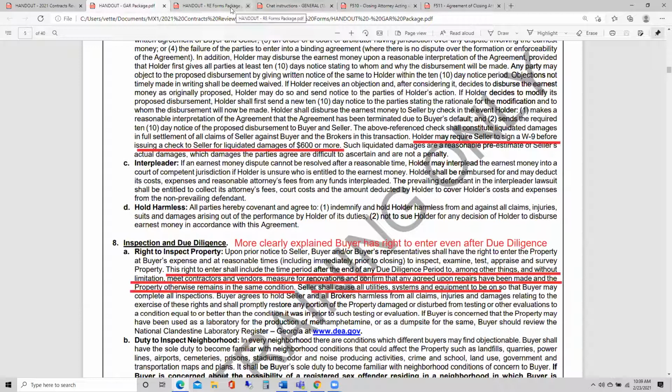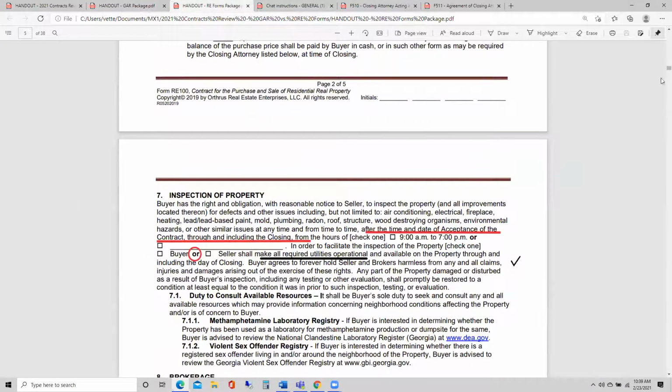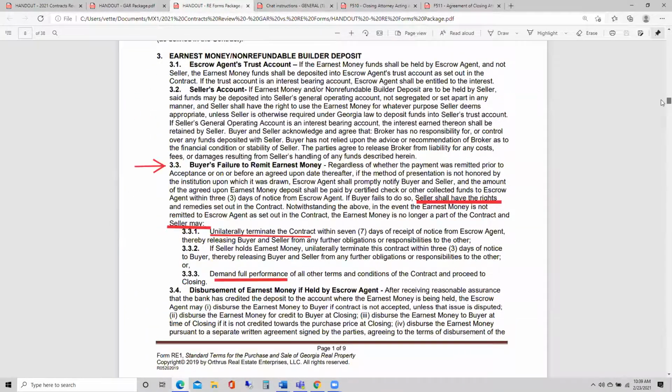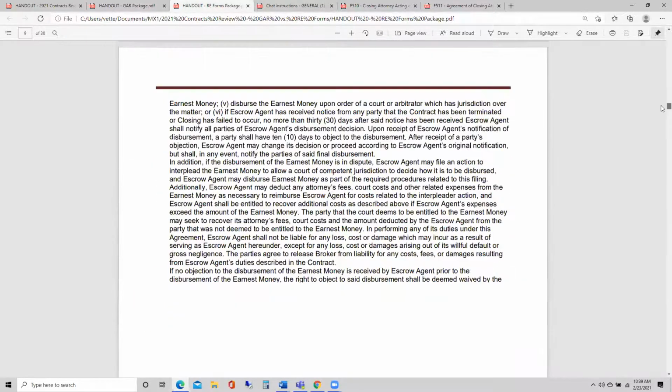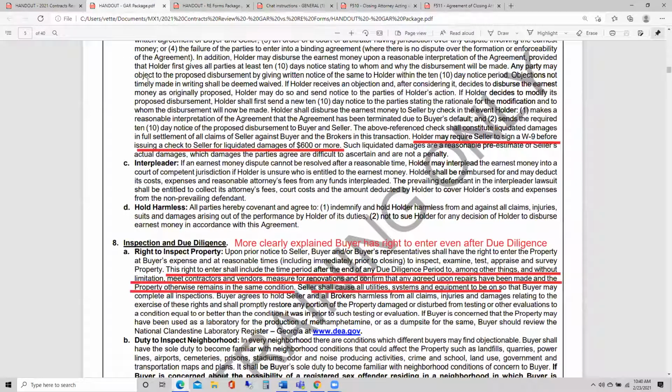That verbiage is not included in the RE forms, in the standard terms where it talks about the disbursement of the earnest money. It doesn't have anything in there about requiring a W-9 from the seller if the seller gets it.